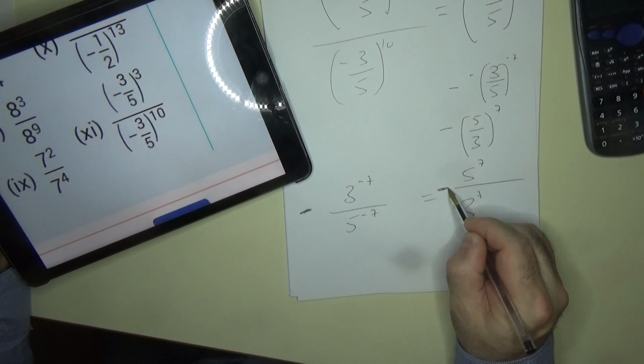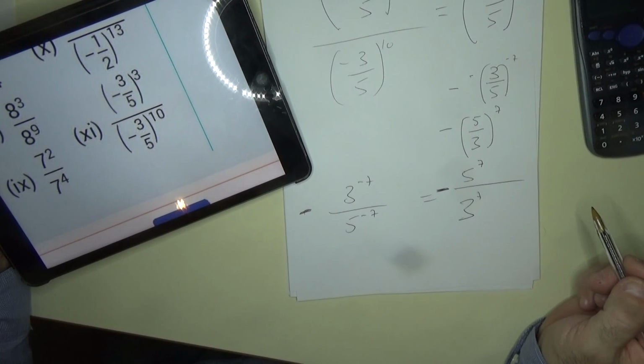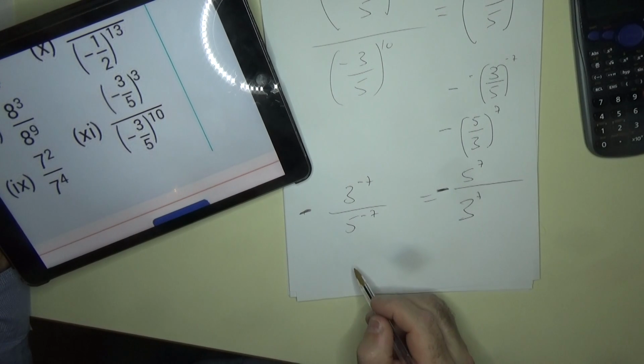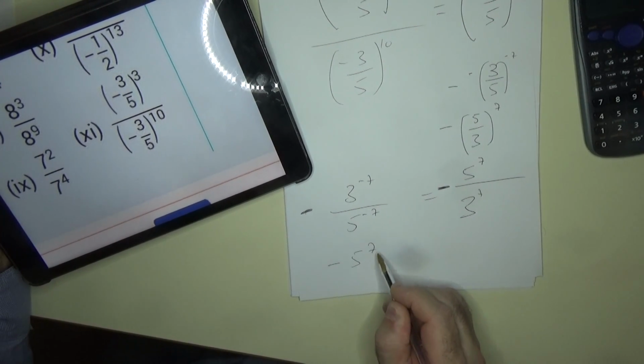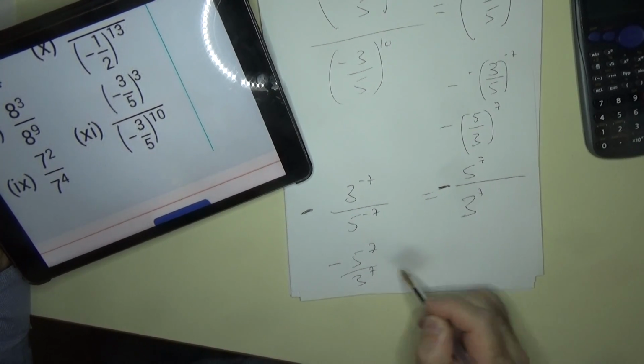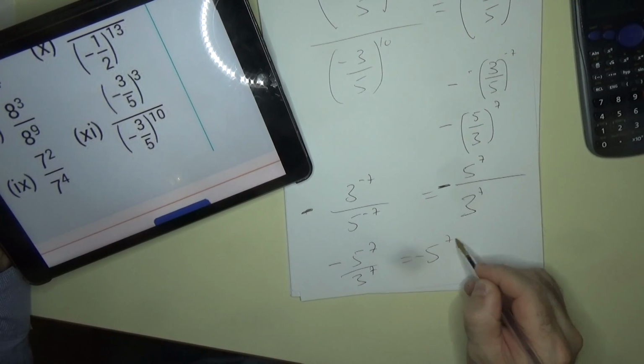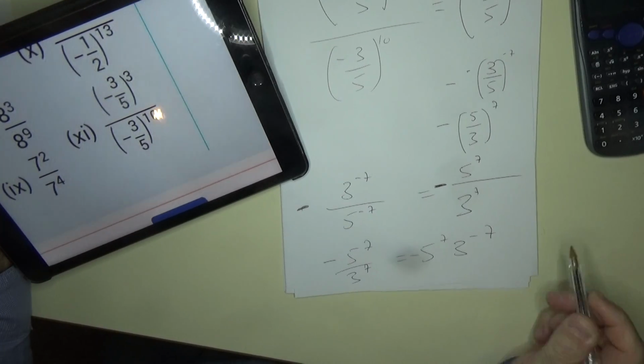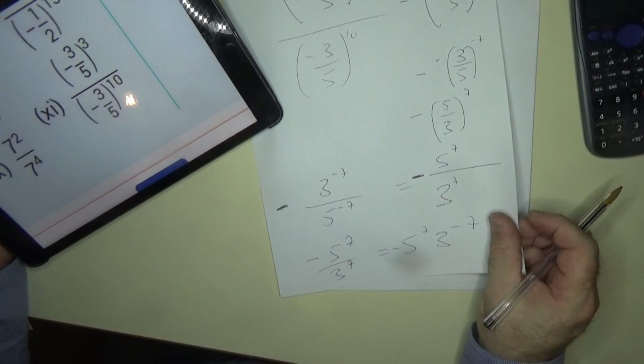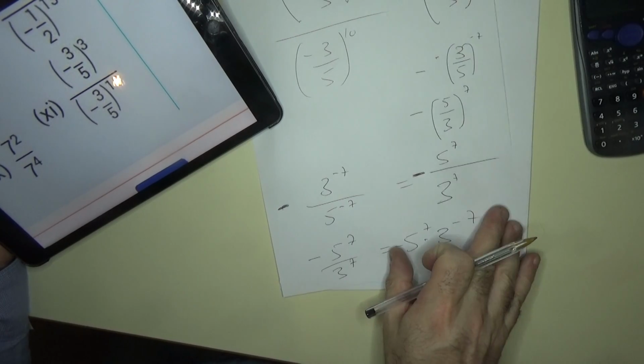And that doesn't change at all the fact that there's a minus out here. So our final answer is minus 5 to the 7 over 3 to the 7. But that could be called minus 5 to the 7 times 3 to the minus 7. You've got to take your pick. Or best off, as I say, keep writing them all out.